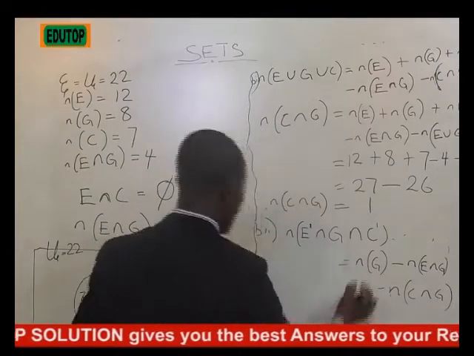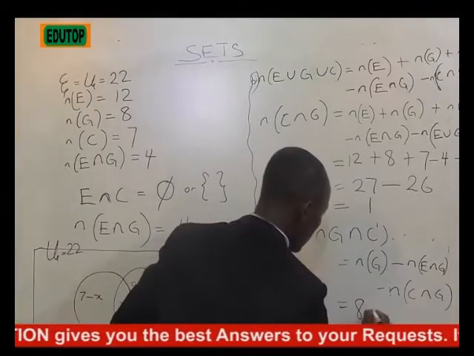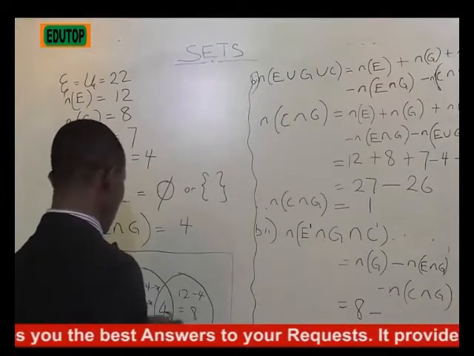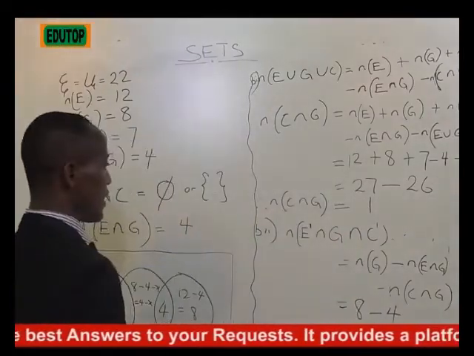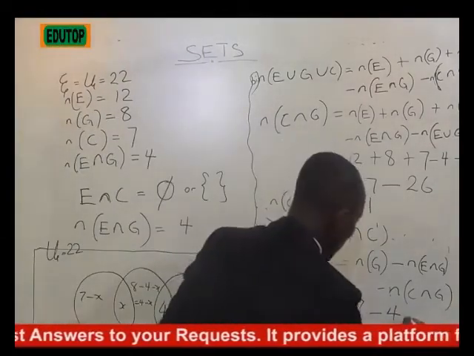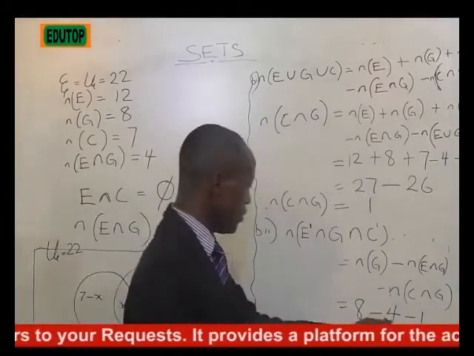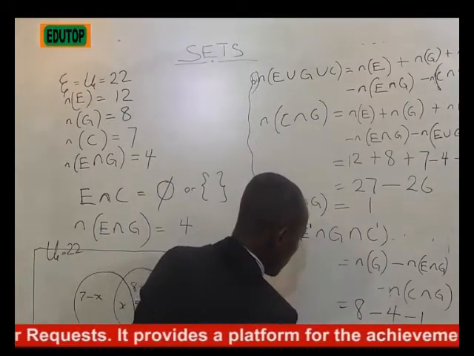That is the number studying government, 8, minus the number studying economics and government, 4, minus the number studying chemistry and government, 1. So 8 minus 4 is 4, 4 minus 1 is equal to 3.